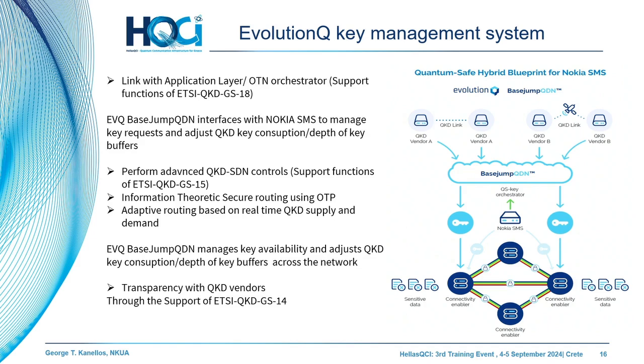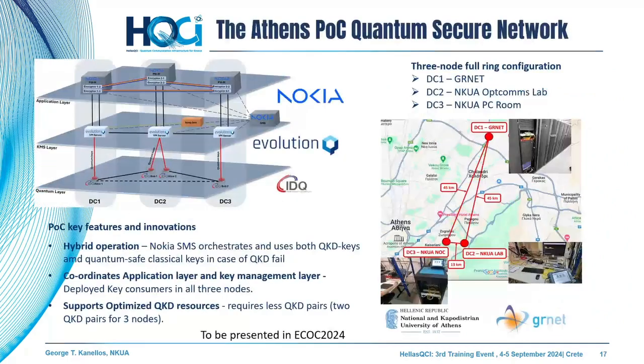Evolution Q is a company that was able to comply with what ETSI 15 and ETSI 18 describe on the ability to manage key requests and adjust key consumption and key buffers in the relevant nodes. And therefore, we think that this already complied with our requirements.